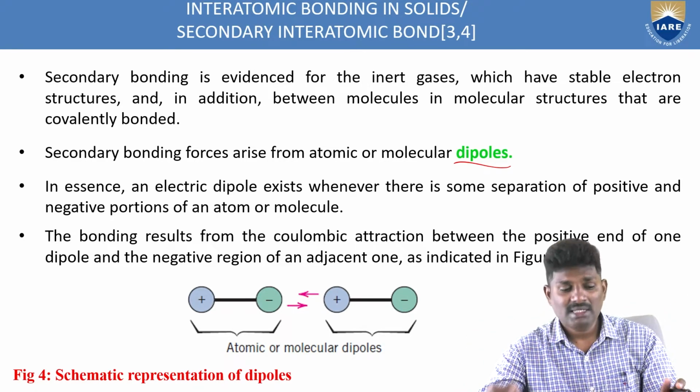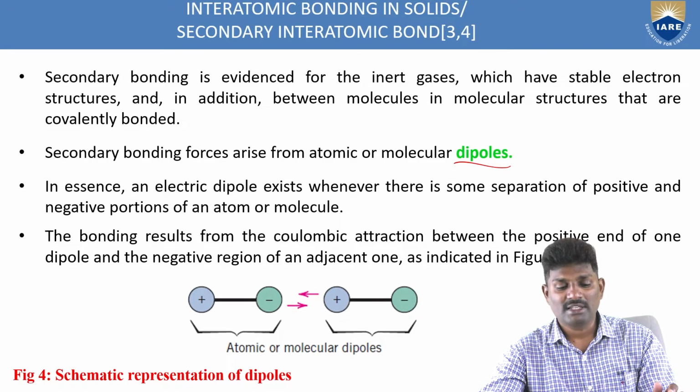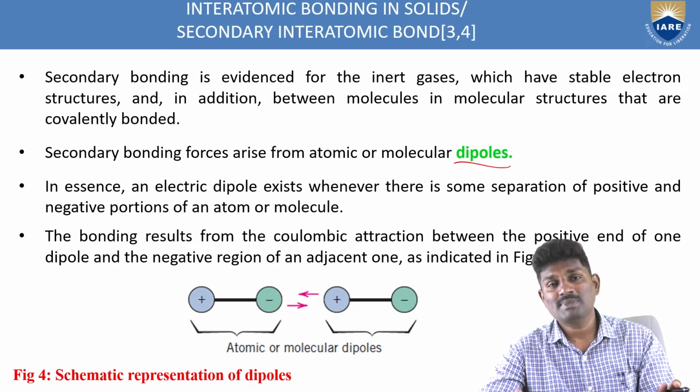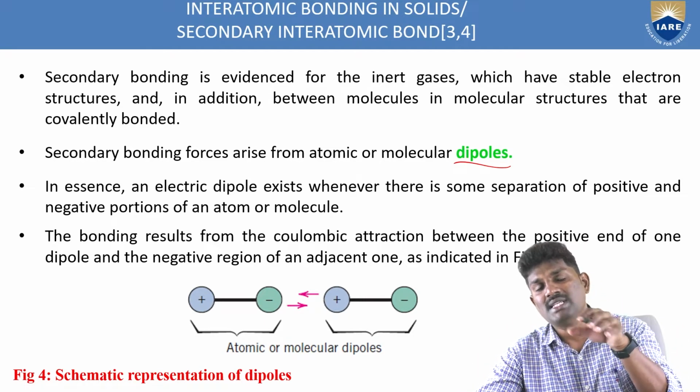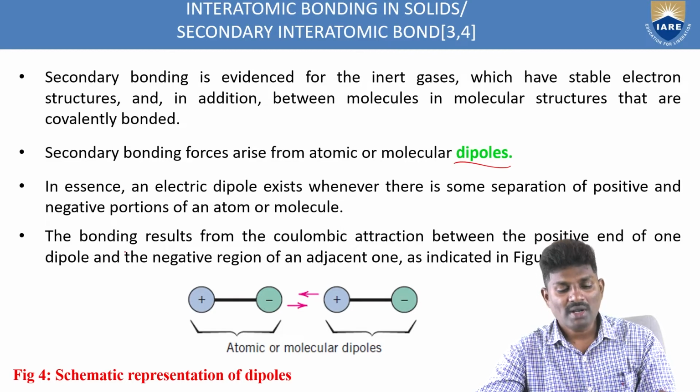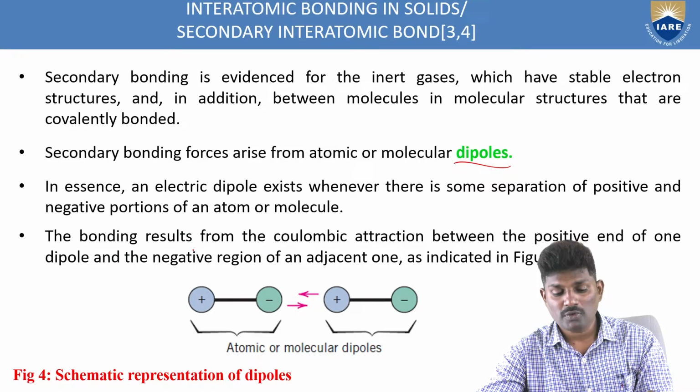In essence, an electric dipole exists whenever there is some separation of positive and negative portions of an atom or molecule. If there is some separation of positive and negative charges, we use these dipoles. The bonding results from the Coulombic attractive force between the positive and the negative end of adjacent atoms, as indicated in the figure.